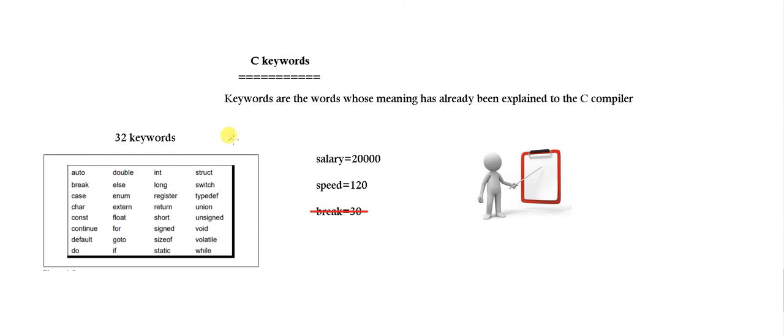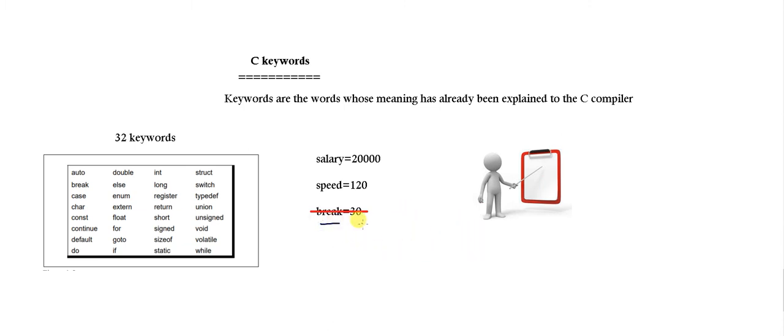So the thing is, why you should not use break, or for example short, or any of the words used in this list. The meaning of break, auto, int is already explained to the compiler. They know what is the meaning of break and why break is used. If you are using break, there is some meaning and you are changing the meaning.